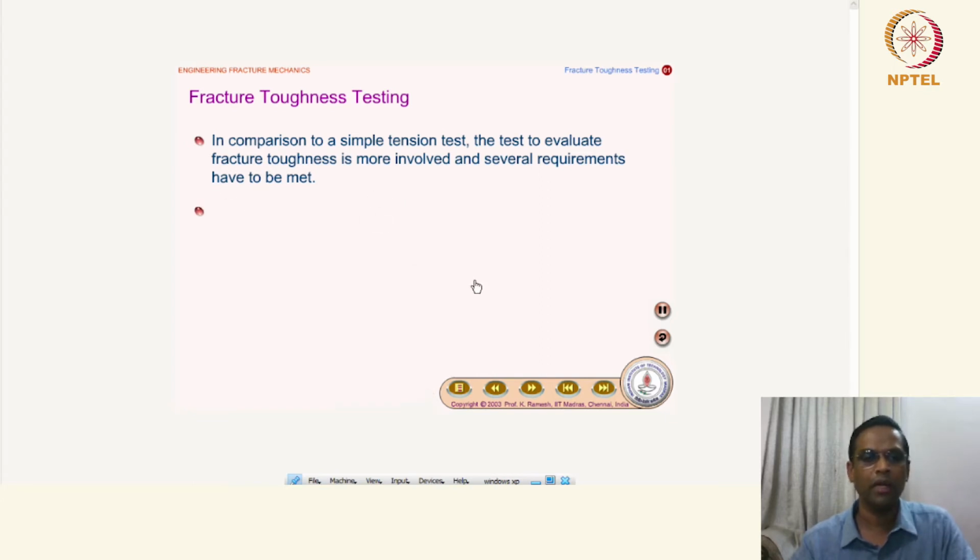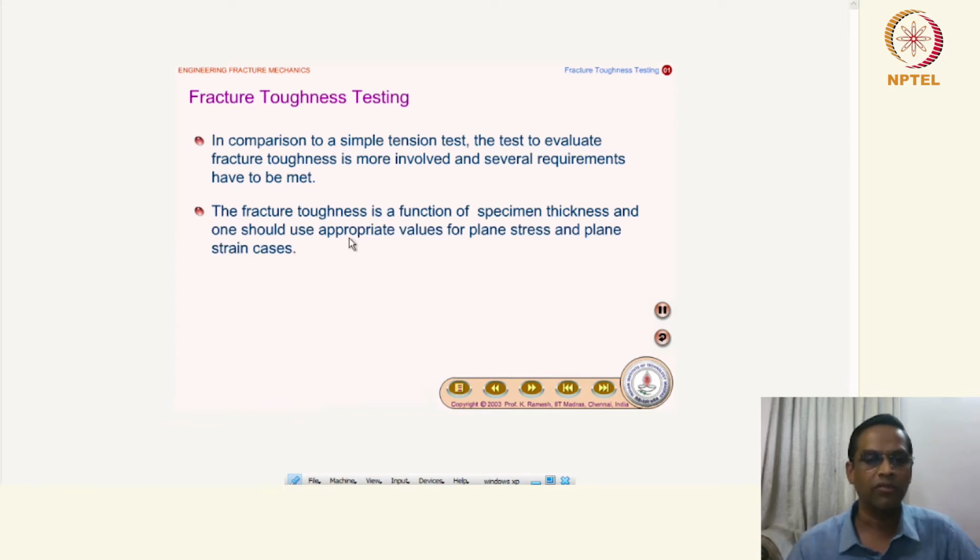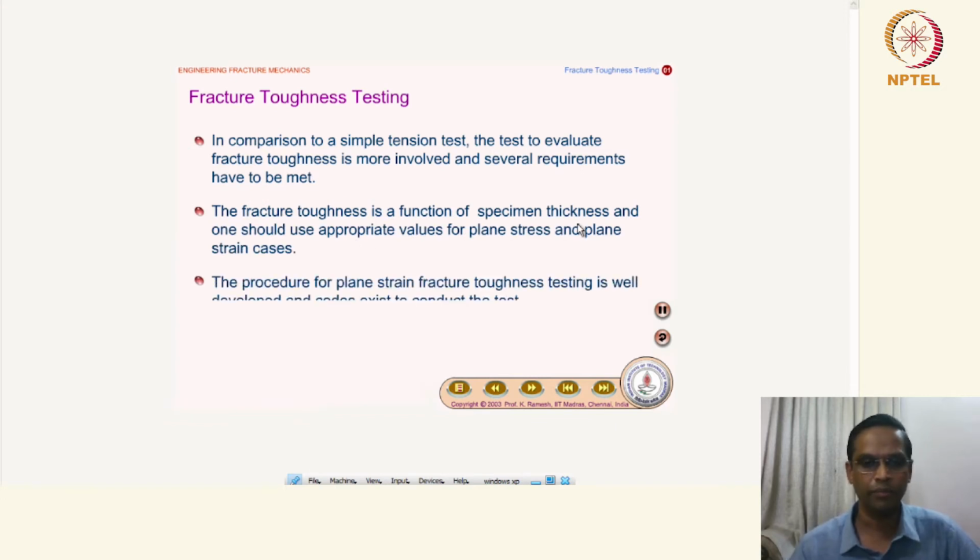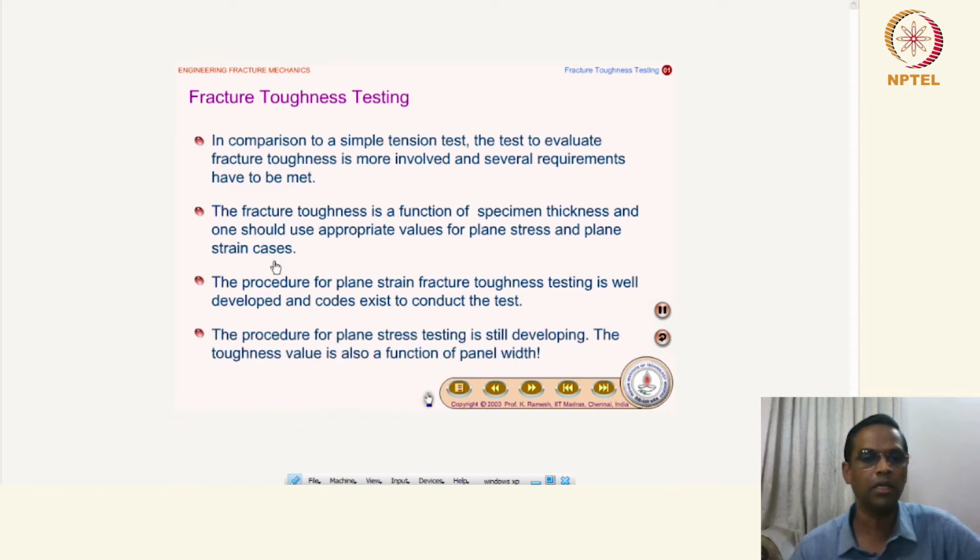So the fracture toughness is a function of specimen thickness, and one should use appropriate values for plane stress and plane strain cases. This we have already seen in the previous lecture, how the fracture toughness varies with the thickness. In fact, I said this could be one of the problems, like how to select the thickness for a given material to attain a particular plane strain or plane stress condition.